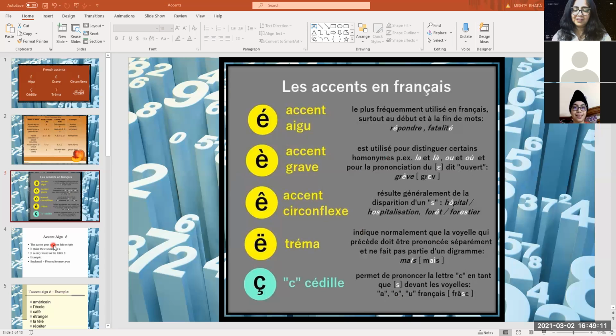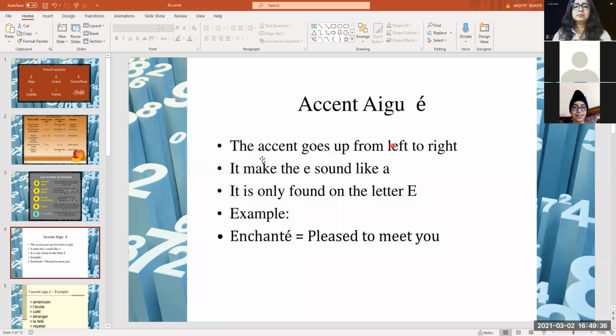She says, no mama, cake starts with K, not with C. So this is a simplified version, we just want to make it more understandable. When we put the accent under the C, it sounds as S instead of K. Okay. On the next slide, just read this on your own. Any one of you can read this.